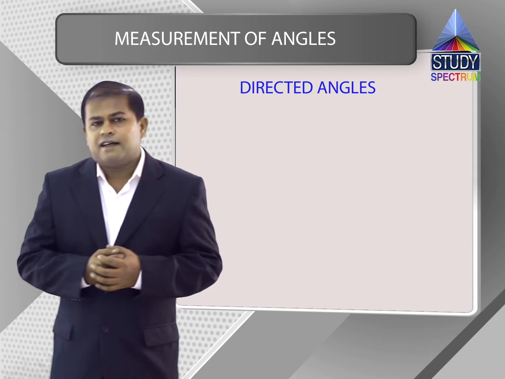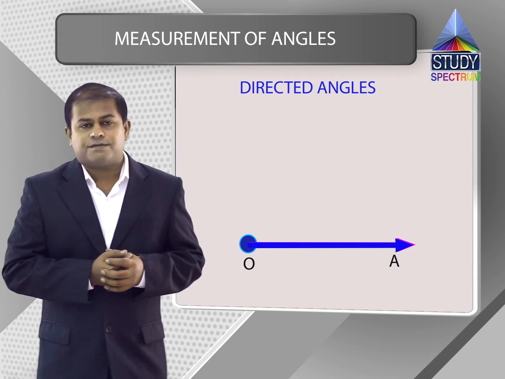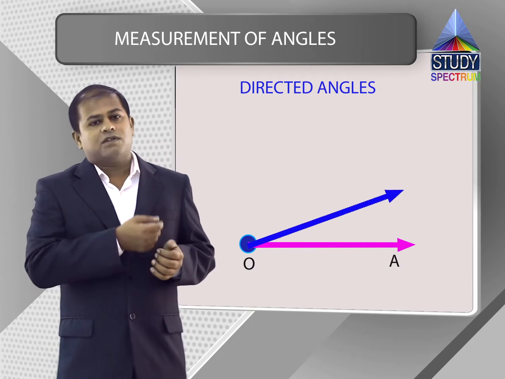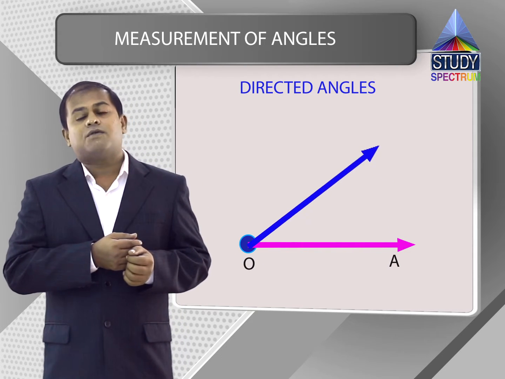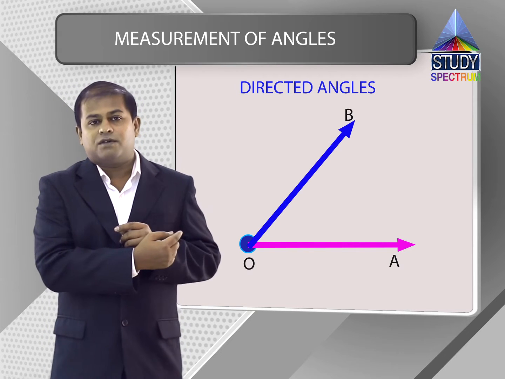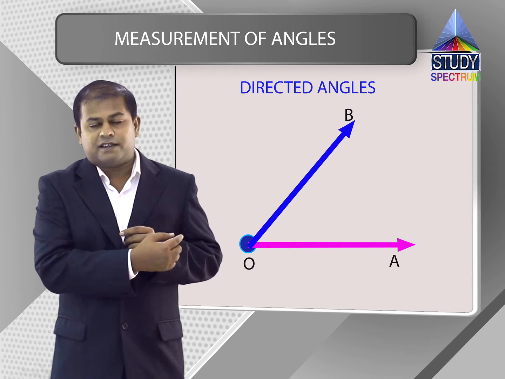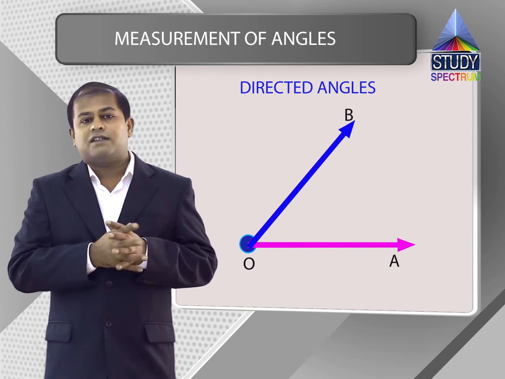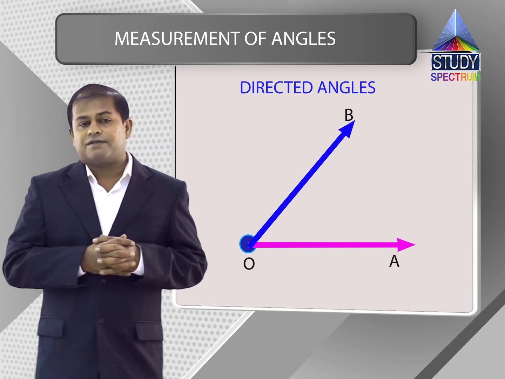To understand directed angle, consider the ray OA. Rotate it about the point O in anti-clockwise sense till it coincides with the ray OB, as shown in the figure.